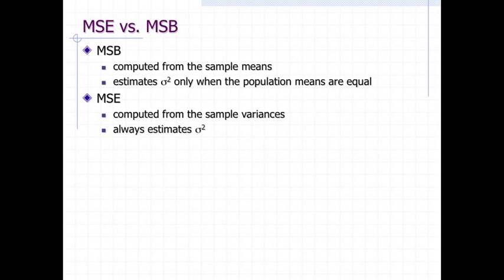It follows that the larger the differences among sample means, the larger the MSB. In short, the MSE estimates the population variance whether or not the population means are equal, whereas the MSB estimates the population variance only when the population means are equal and estimates a larger quantity when they are not equal.